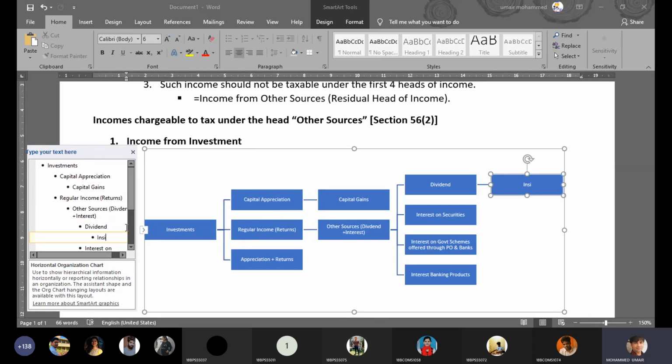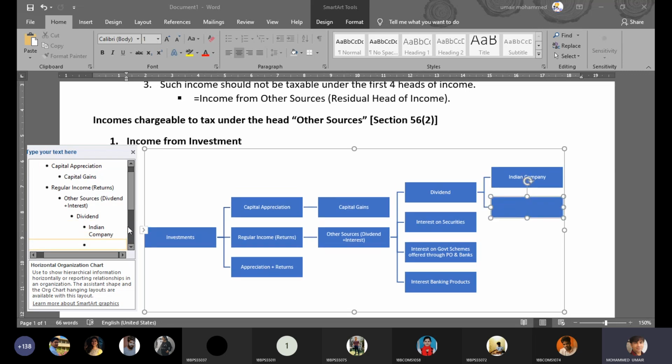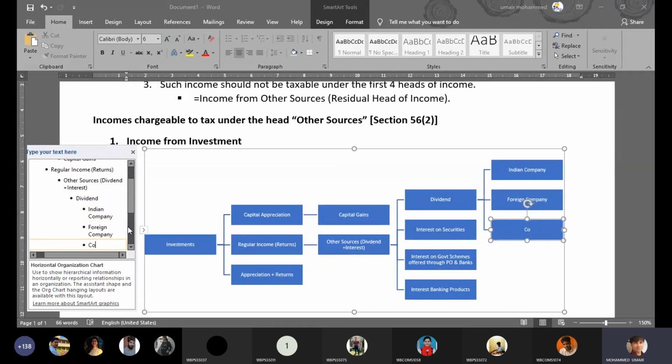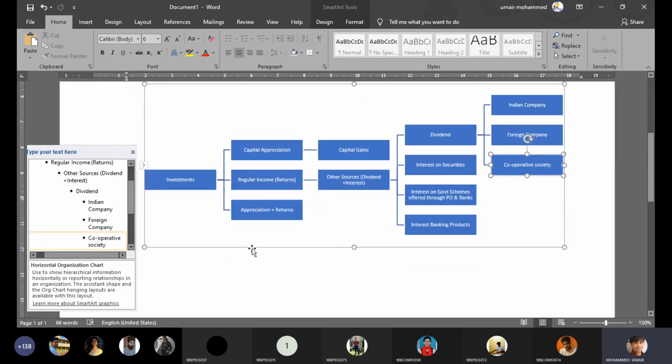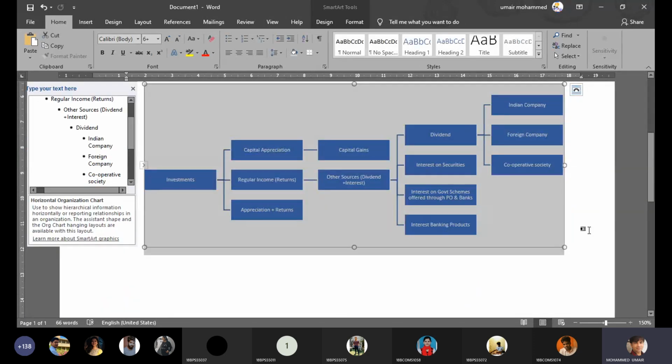Dividend from a domestic or Indian company. Then dividend from a foreign company. And you also have dividend from a cooperative society. So the tax treatment differs depending on the source of dividend.